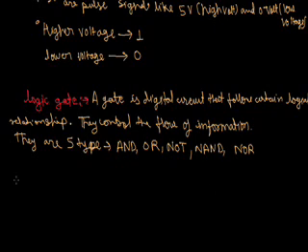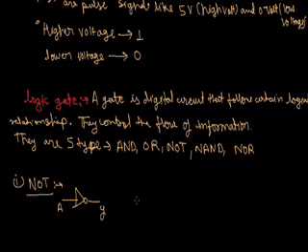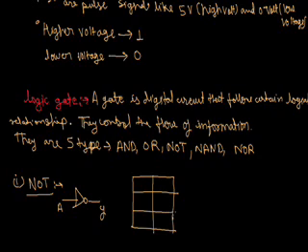First of all we will study NOT. As the name indicates, it just inverts the input signal as the output signal. Its symbol is like that. If A is the input signal and Y is the output signal, then this table is called a truth table.